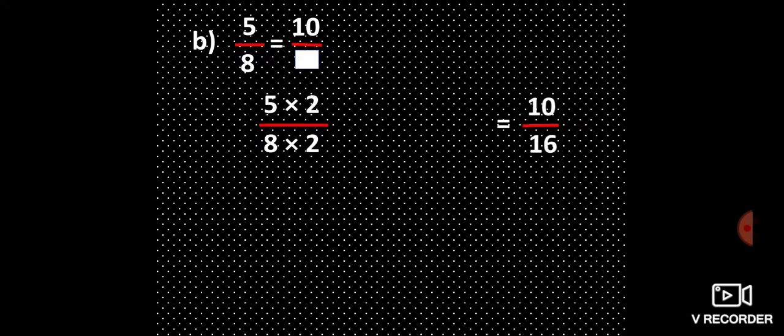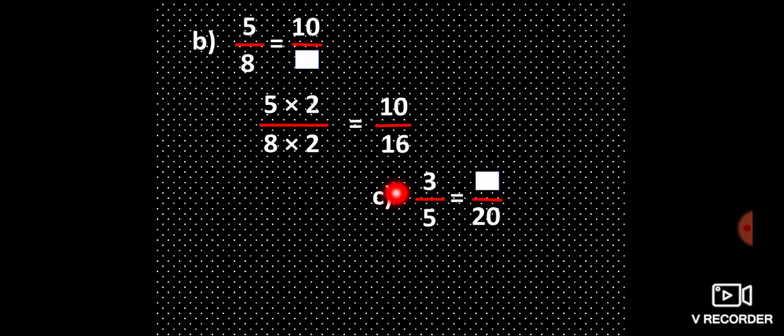Okay. Next, B question, very simple. We see 5 becomes 10. How? When we multiply 5 with 2, that is 5 into 2. So, we multiply the denominator also with 2. 5 into 2 by 8 into 2 equal to 10 by 16.